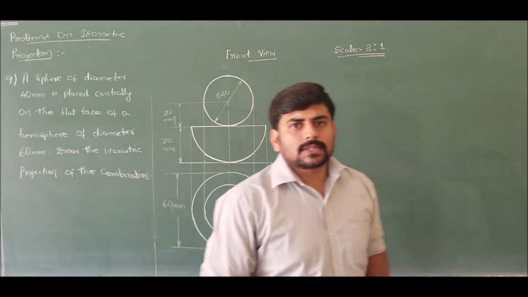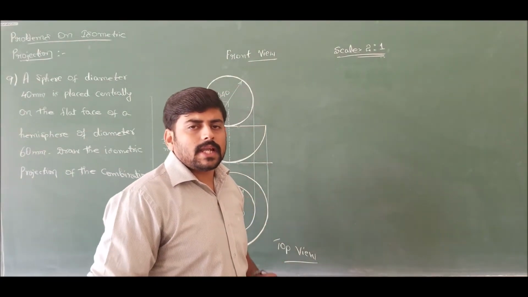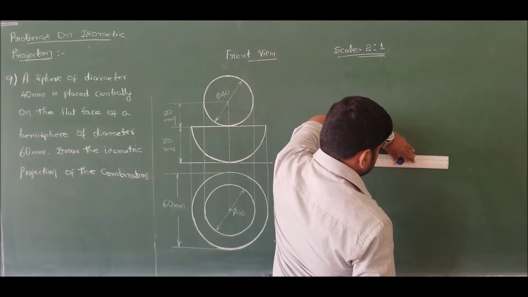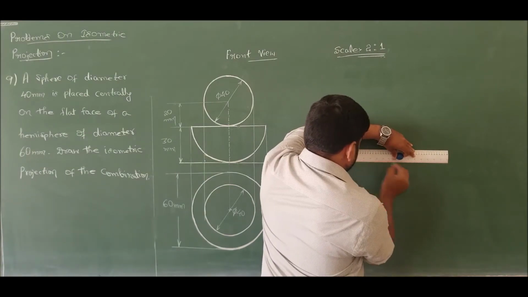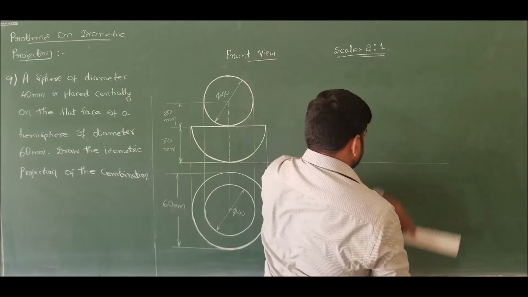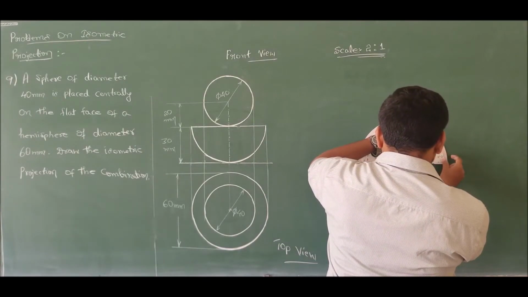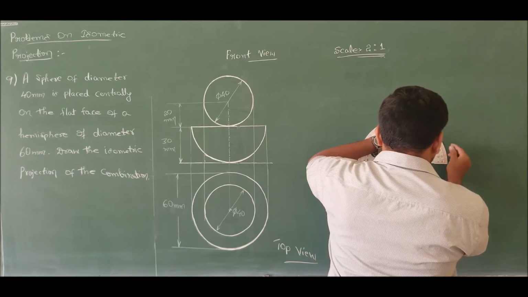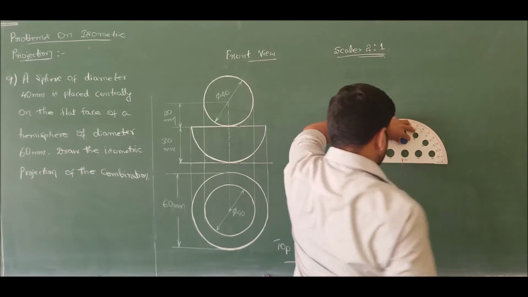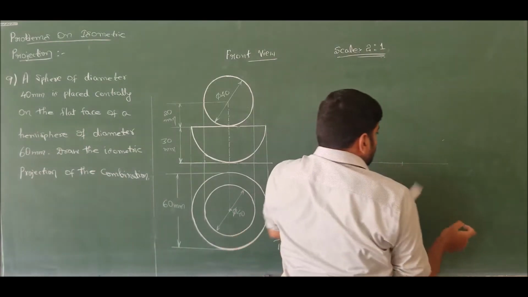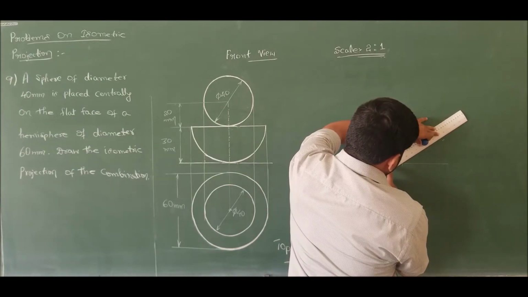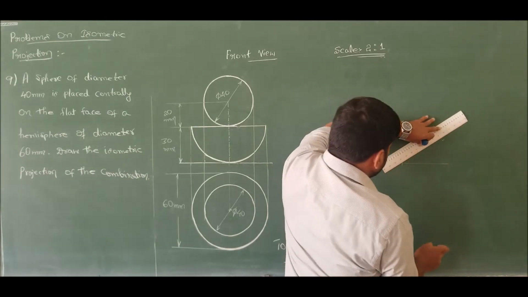If I draw a square of 60 mm cross 60 mm in an isometric sheet, I will get, selecting two lines which are inclined at 30 degrees, mark 60 mm, which is nothing but 6 boxes in the isometric sheet.